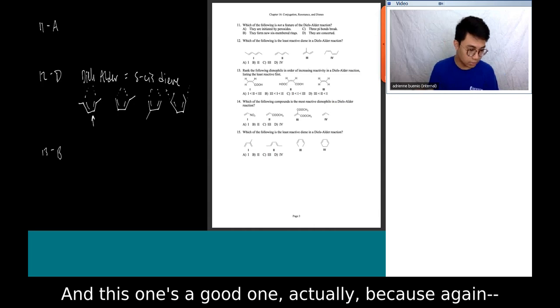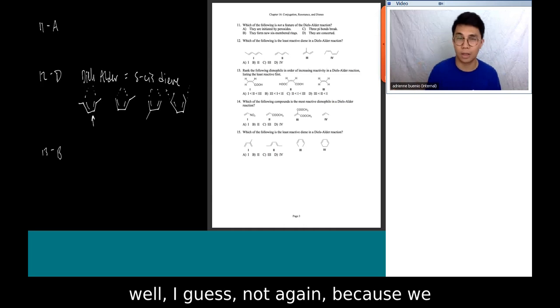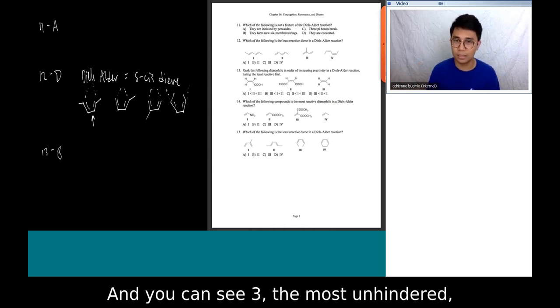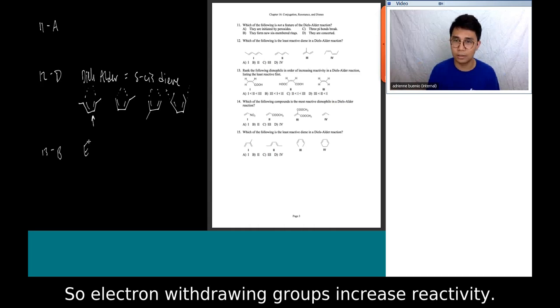And this one's a good one, actually, because this is actually not about hindrance. You can see 3, the most unhindered, is the least reactive. And why is that? Electron-withdrawing groups increase reactivity.